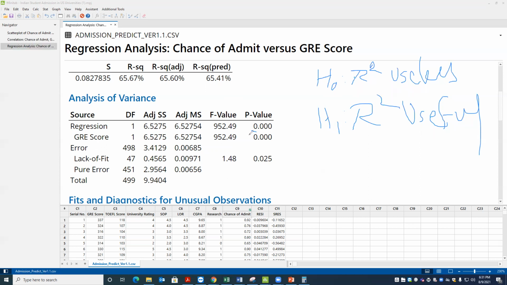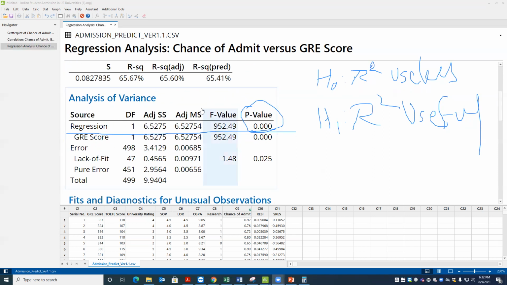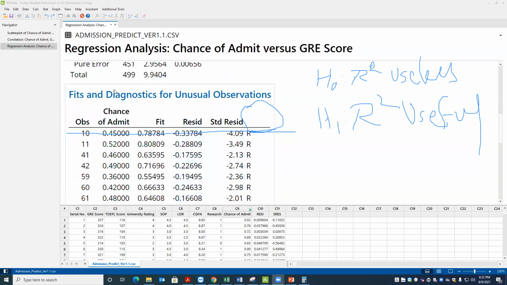So what do you say now? The p-value for this is this. So basically, this R square is useful, meaning our model is useful. This is based on GRE, degree of freedom and other things. This is checking the ANOVA, analysis of variance. Now these are the unusual values.